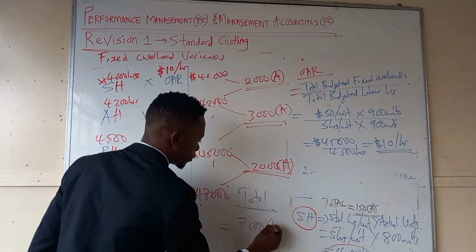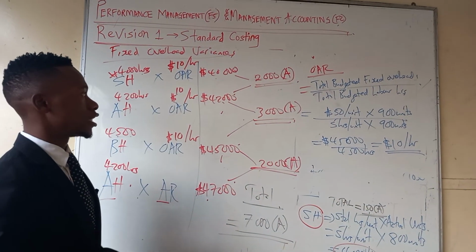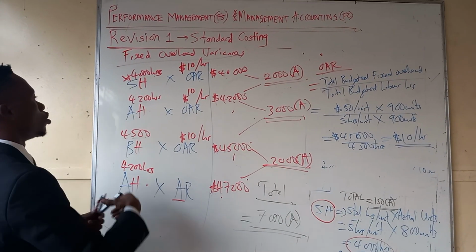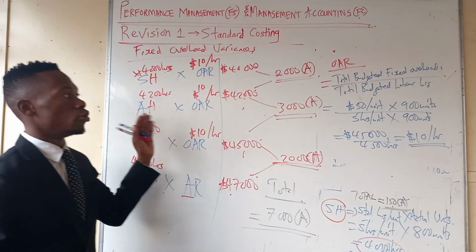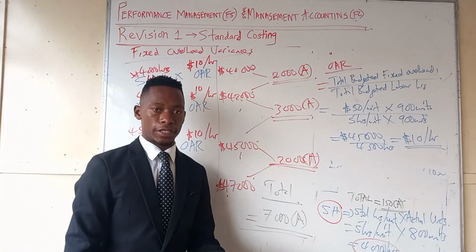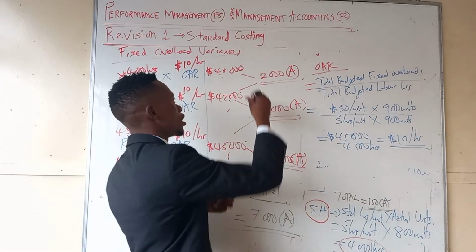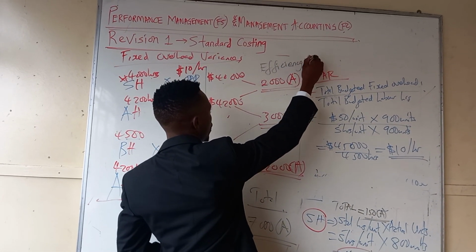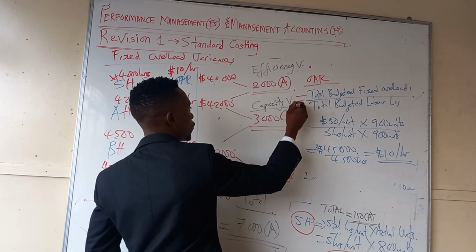So 7,000 adverse. But sometimes they might say, what about the volume variance? Whenever you compare the SH and the AH, you'll be looking at the efficiency. So SH and AH gives us the efficiency variance. Then this will be your capacity variance.